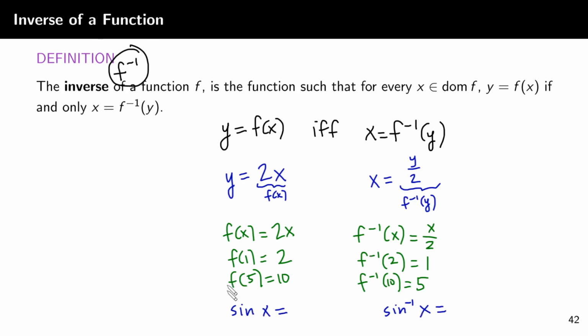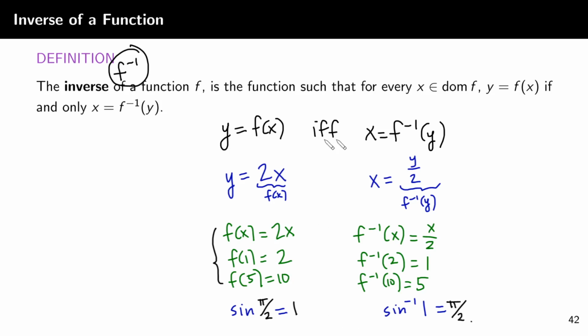Now, let's show that we can have this observation with the sine function. I'm going to replace x here by, let's say, pi over 2. So sine of pi over 2 is equal to 1, and sine inverse of 1 is equal to pi over 2.